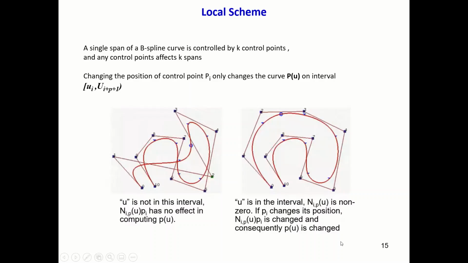Here are examples where u is not in the interval. Then N of u times P_i has no effect in computing P of u. And suppose u is in the interval and N of u is non-zero. If P_i changes its position, then N of u times P_i is changed and consequently P of u is changed.